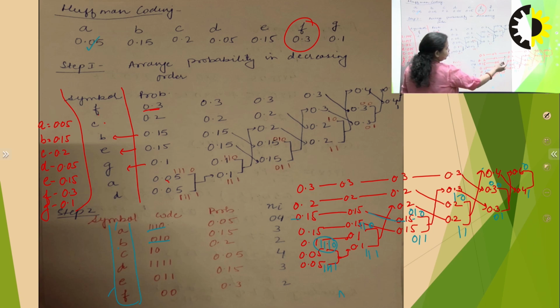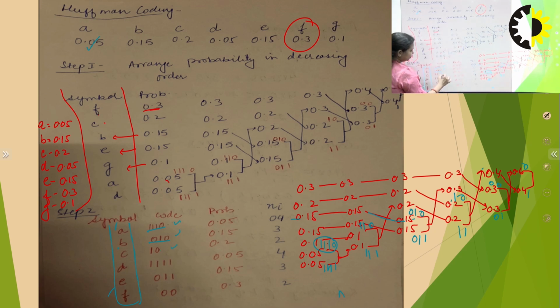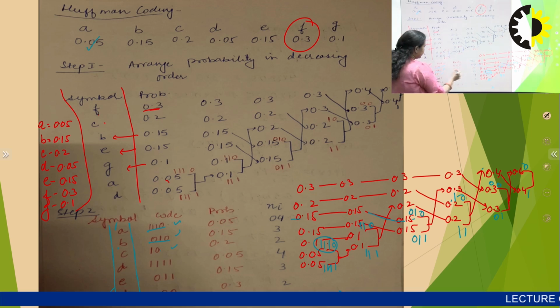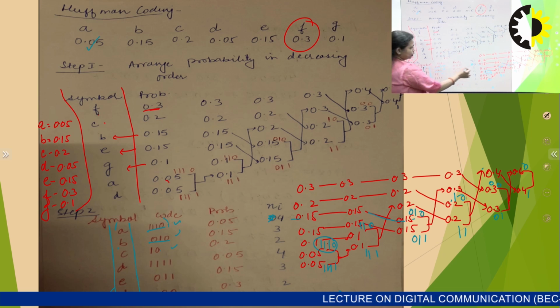So 0.2 is having code 10. So I have written 10. So similarly, you are writing the code for each symbol, for each probability, from this tree, right? Then you are writing Ni. Ni is what? This is having 4 bits, so you are writing 4. It is having 3 bits, you write 3.